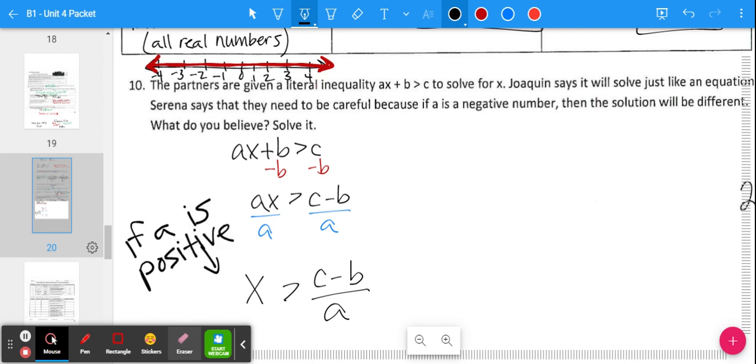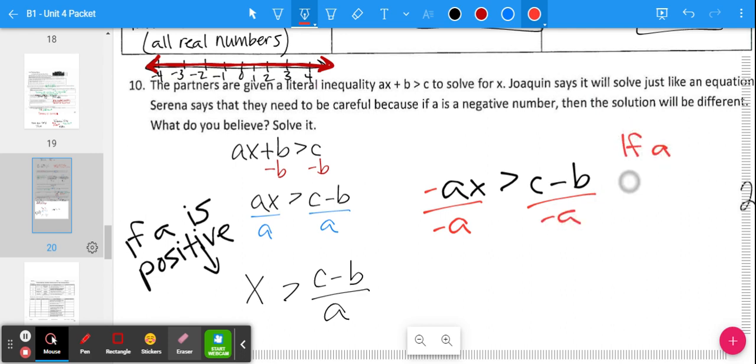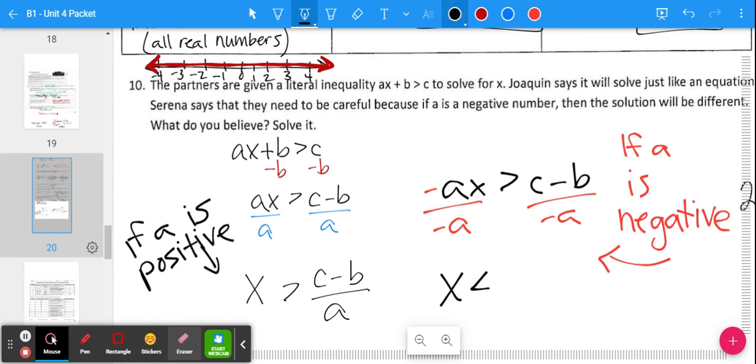But if a was negative, if we were dividing by a negative on both sides, the only thing that would change is that we would be dividing by a negative a. So if a is negative, you would have to flip your inequality symbol.